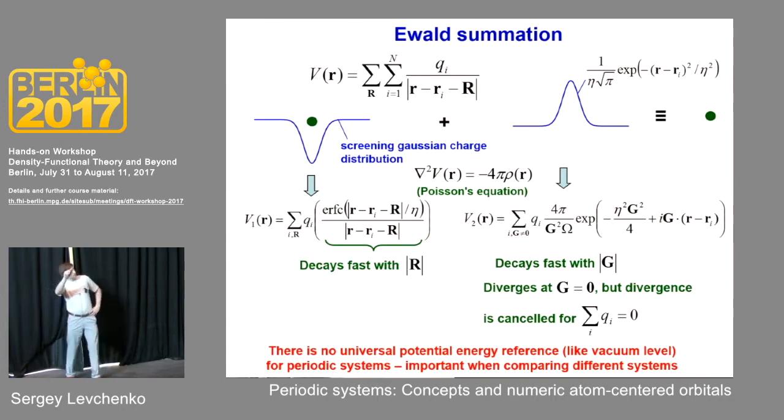This is still long range, but it turns out that we can treat this part in reciprocal space. We can simply take a Fourier transform of this and calculate for the infinite space, because this function is smooth, contrary to a point charge. And so we calculate this part in real space.